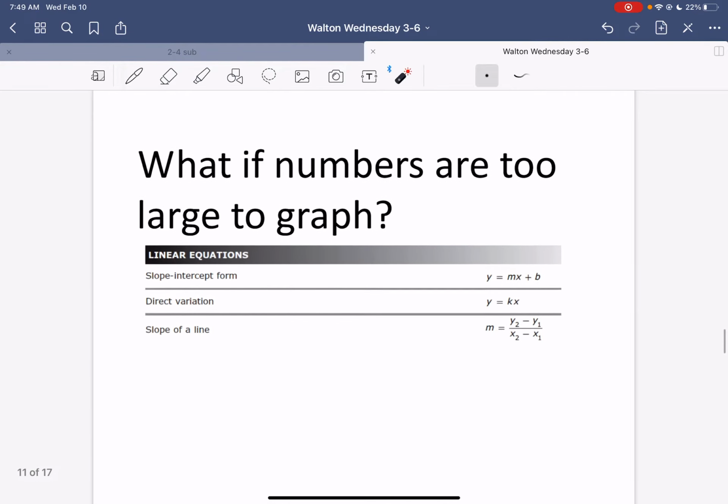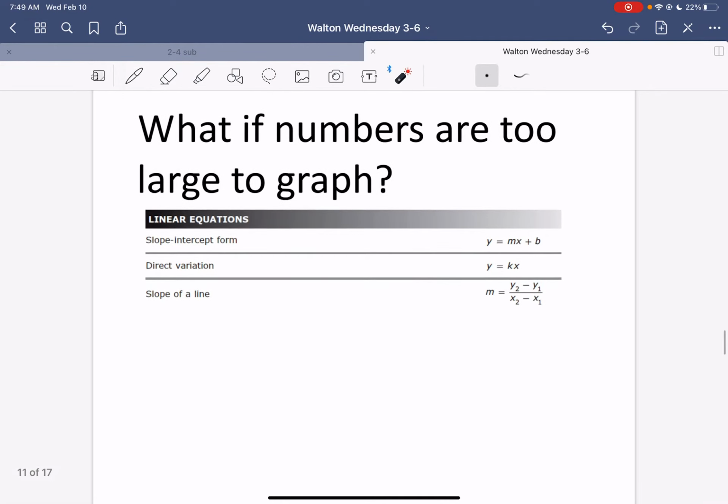Okay, so what do we do if our numbers are too large to graph? We look here. Okay, so I'm going to look at the slope of a line. This formula here, m equals y2 minus y1 over x2 minus x1. So if you notice, in all of our pretty points, we have had 2 coordinate pairs given to us.